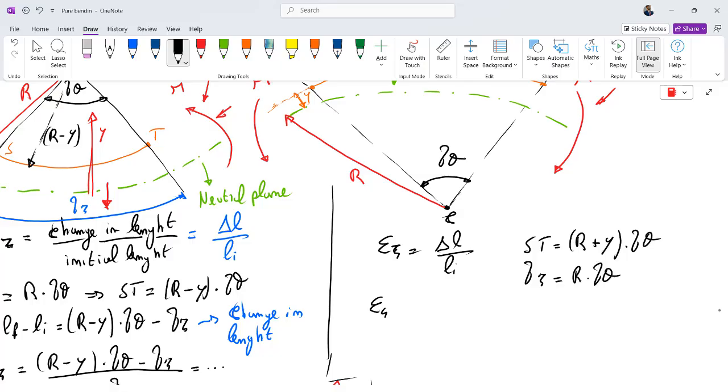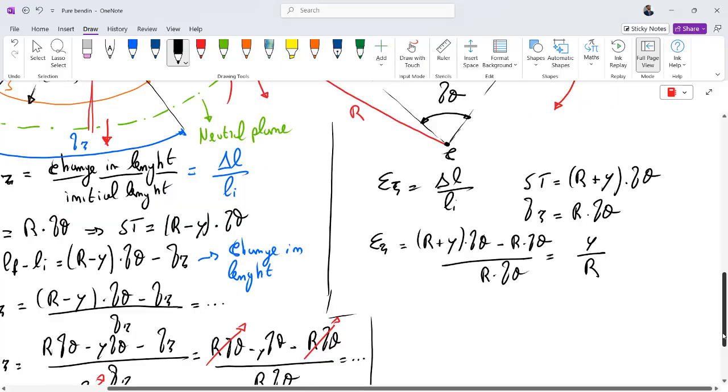So epsilon z is equal to (r plus y) d theta minus r d theta, divided by r d theta. With some simple calculus, we obtain this relation: epsilon z equals y divided by r.